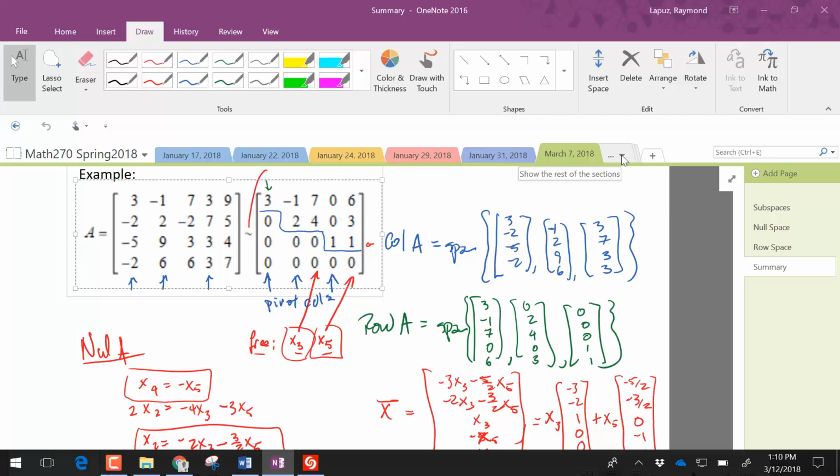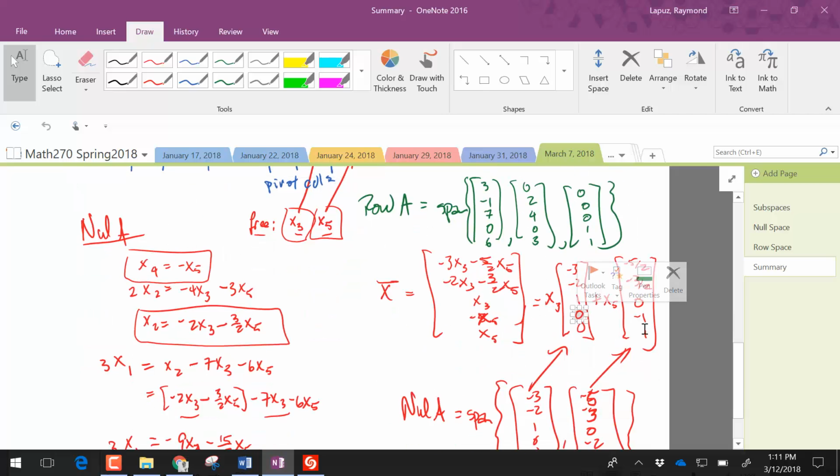If you reduce it, it still would be fine, because it's row equivalent, so anything that you do would still be okay. For the nullity, it is 2 because there are 2 vectors that span the null space.